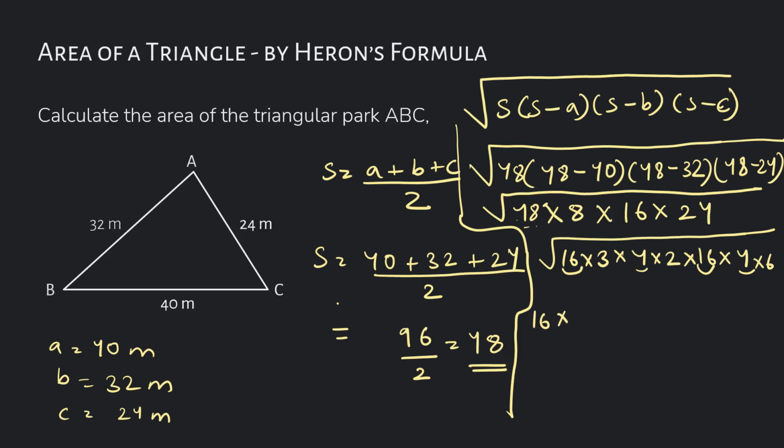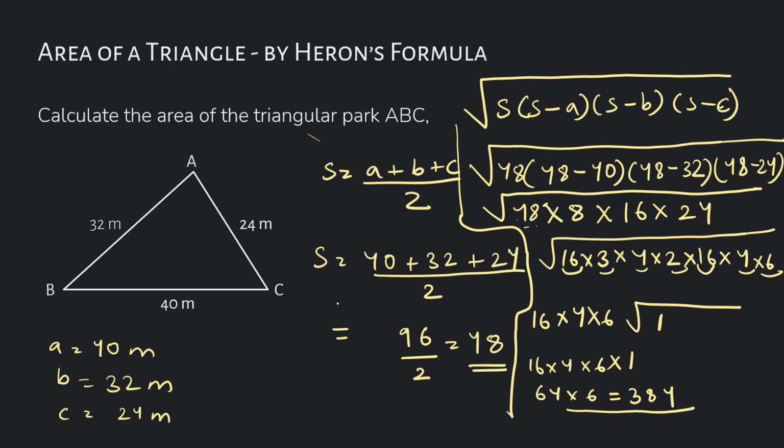Then there are two 4s, so we'll take out one 4. And then there is 3 into 2, which is 6, and then 6, so we can take out 6. What is left in the square root is just 1. So under root 1 is 1. So we can easily write 16 into 4 into 6, which gives us 64 into 6, which is 384.